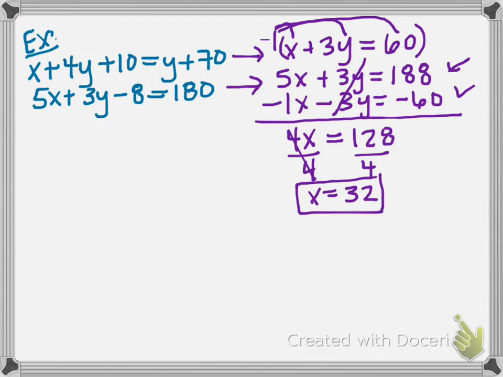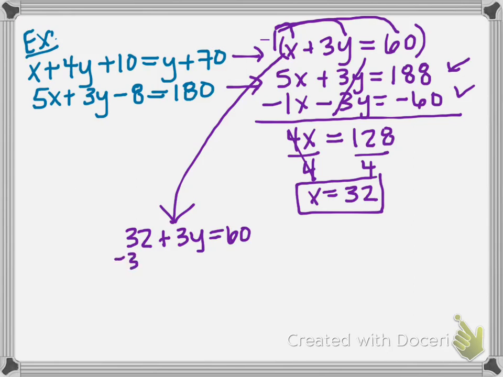To find the y value, we're just going to plug in this 32 for x in any equation that we see. And I kind of like this equation right here because it looks very simple. So I'm going to put 32 for my x in x plus 3y equals 60. And now we'll solve this equation for y.